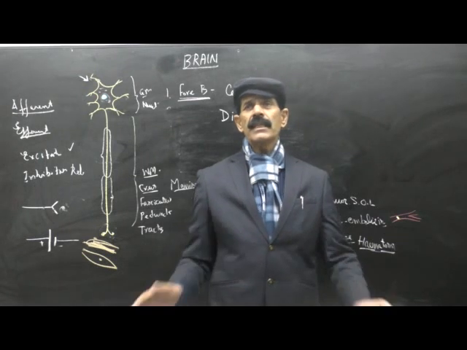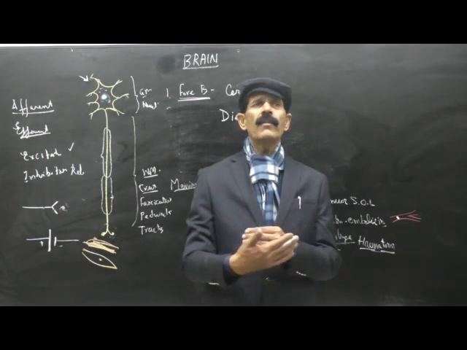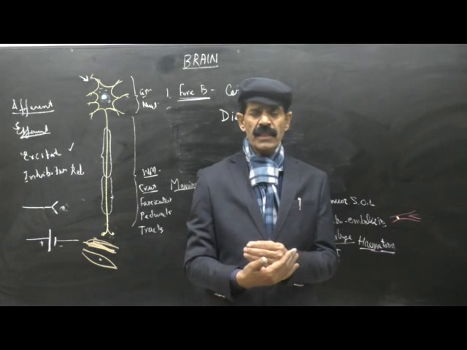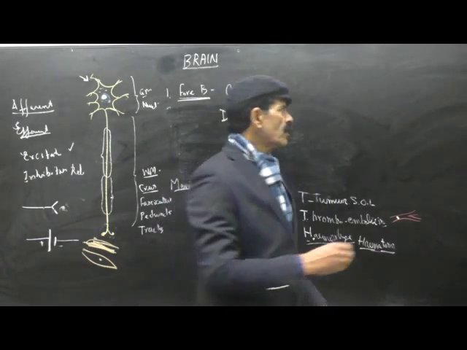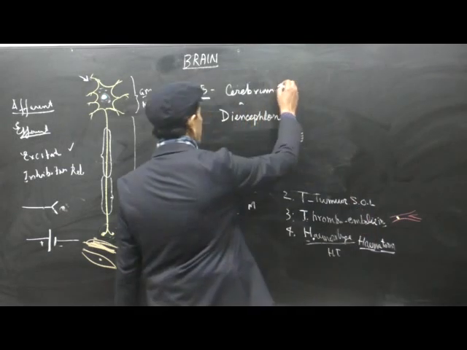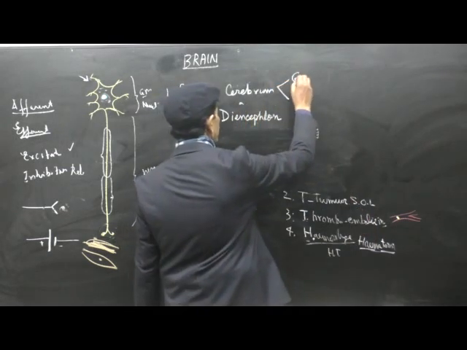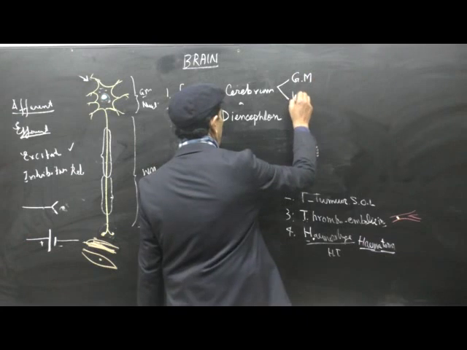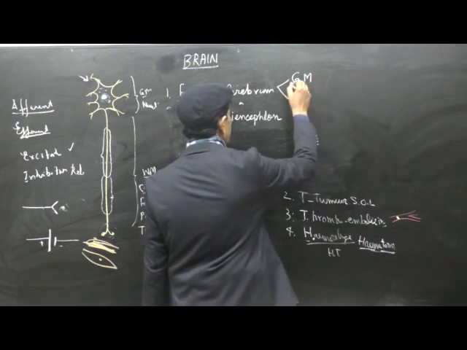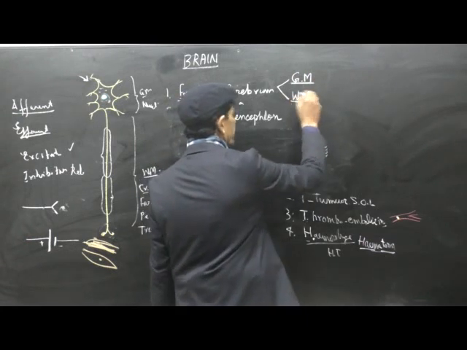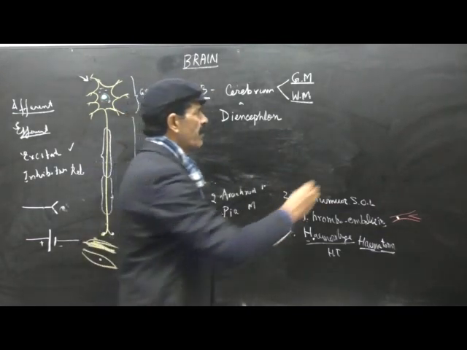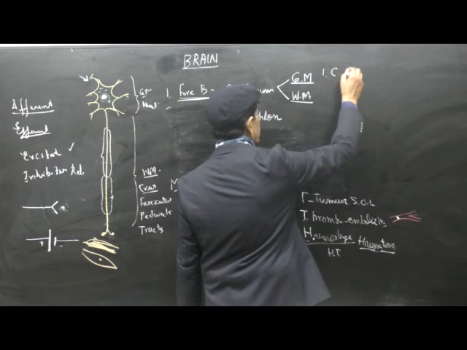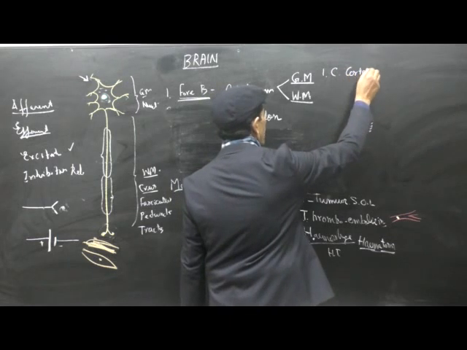Then there are certain areas hidden from our view of the superficial surface, which is called the insula. So when we talk about the cerebrum, we divide the study into grey matter and white matter. First we will study the grey matter, then we will switch to the white matter of the cerebrum. If I say the grey matter of the cerebrum, I will talk about the cerebral cortex, which is the peripheral part.